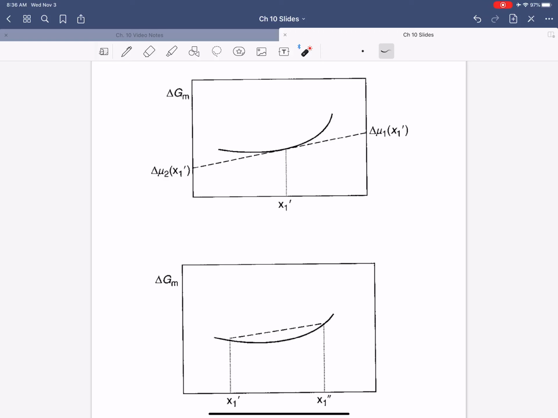If you remember from chapter 8, the slope, or the partial derivative of delta G with respect to the moles of a system, gives you your chemical potential.